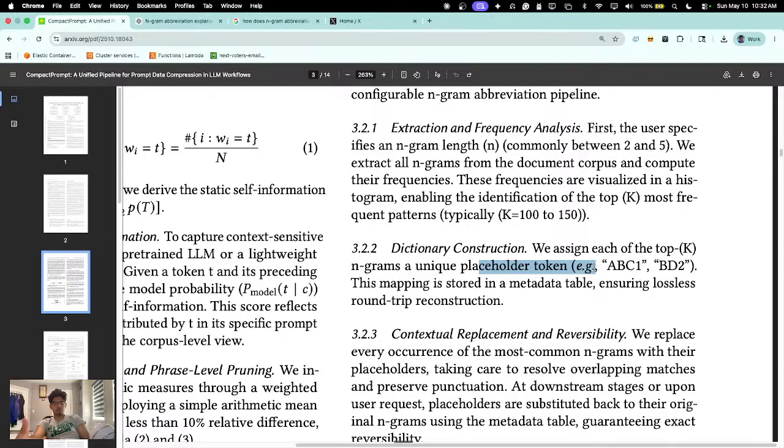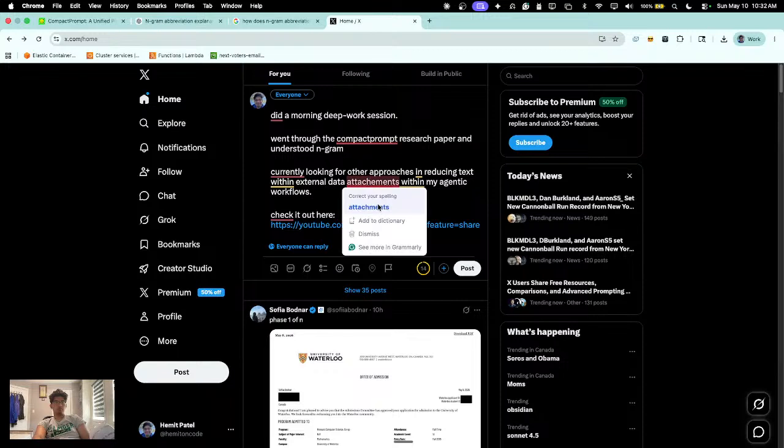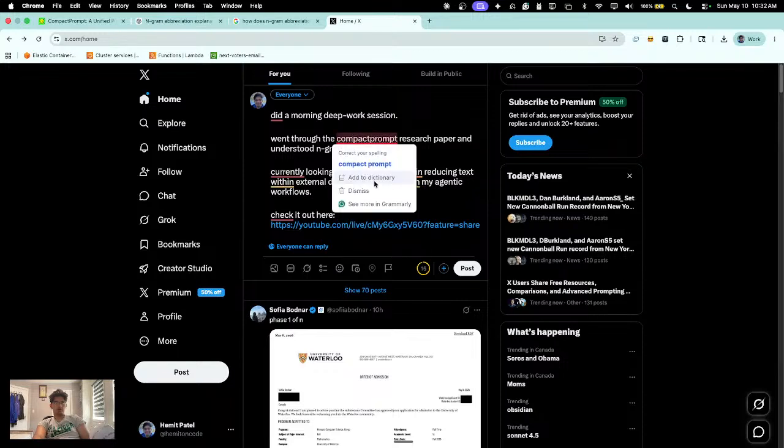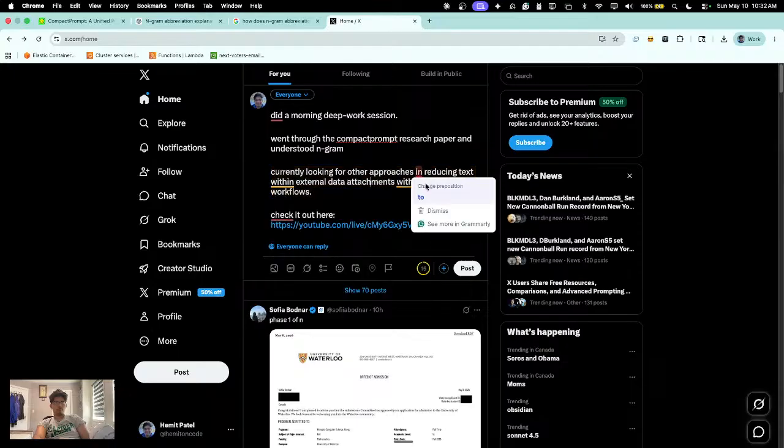You're using the original data size. So it really makes no sense in using n-gram abbreviation. And that's why I'm going to try to find another approach within context compression. I'm sure there are many, for specifically external data attachments. If not, I guess we're going to make one today.